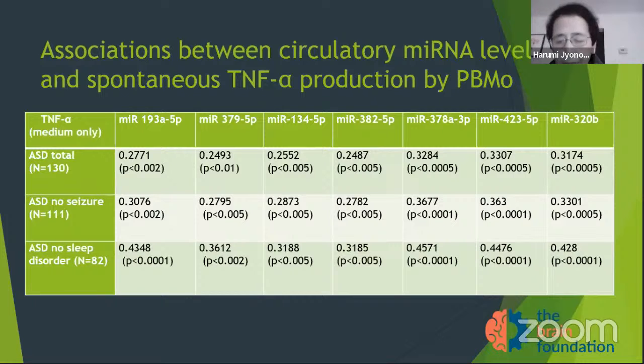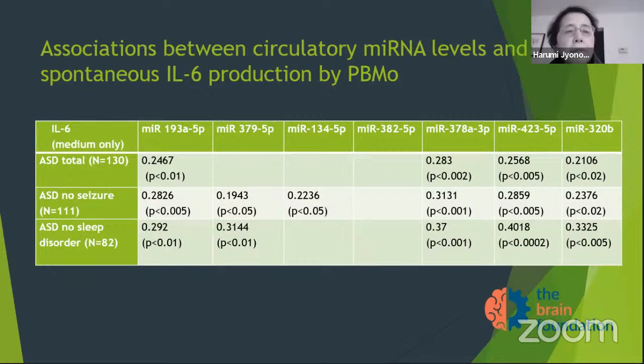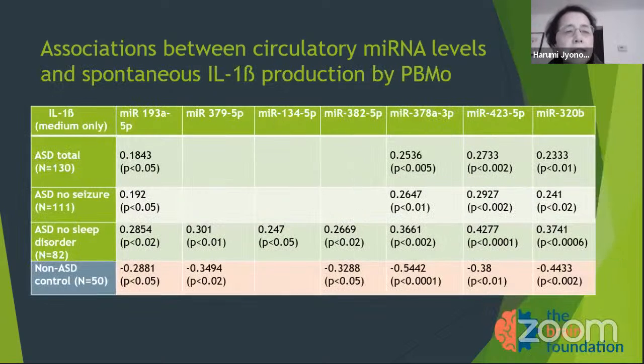This is TNF-alpha production, and we see the same kind of association with IL-6 production, though not as good as with TNF-alpha. The same goes for IL-1 beta production, but for IL-1 beta we did see some association in non-ASD controls. But this is again opposite: there is no positive association with the PCR count, it's actually a negative association.